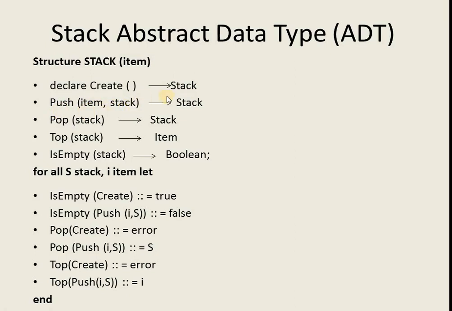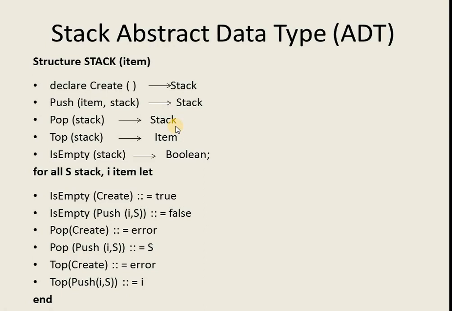And this push function will push the item onto the stack and it will return a new stack. Then using pop function, we can remove the element which is on the top of the stack. For the pop function, we will pass the input parameter as a stack and the function will return stack as output.